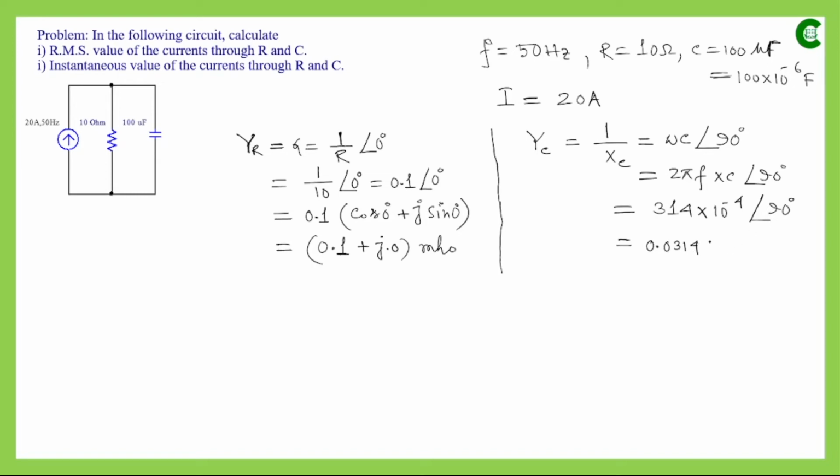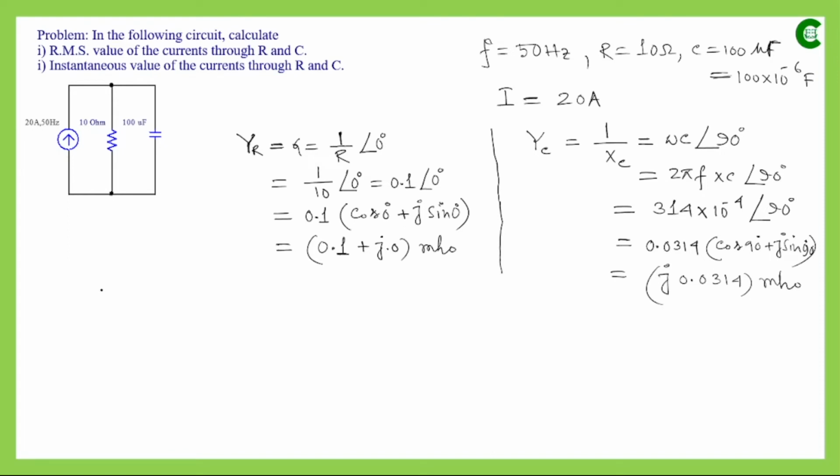If we expand this 90 degree in the form of cos 90 plus j sin 90, to represent in rectangular format from polar, cos 90 degree is 0 and sin 90 degree is 1. So the real part will vanish and it will have only the imaginary part. So it will be j 0.0314, and the unit will be mho.